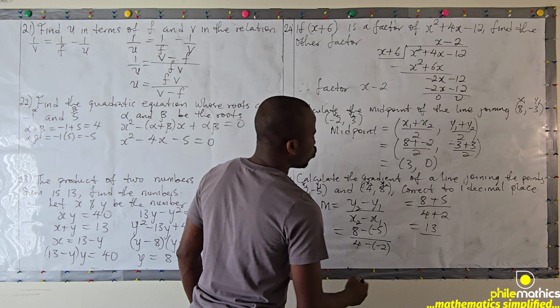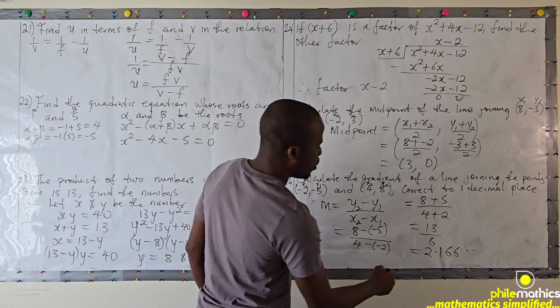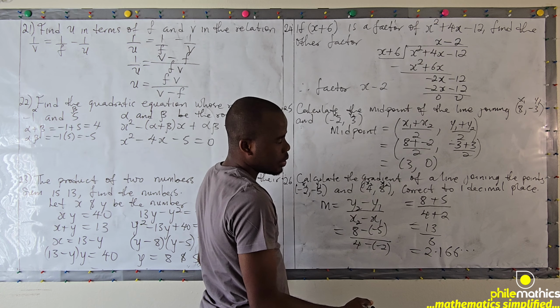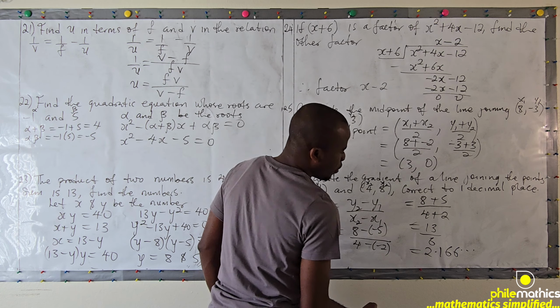Remember 4 into 40 is 6. So this is like 2.16. To one decimal place, since the next digit is above 5, you round it up and add here. So it's approximately 2.2 to one decimal place.